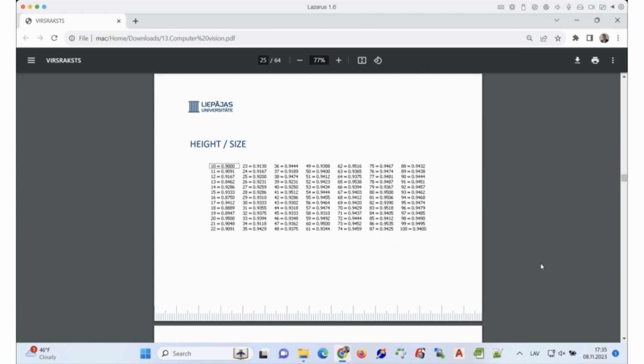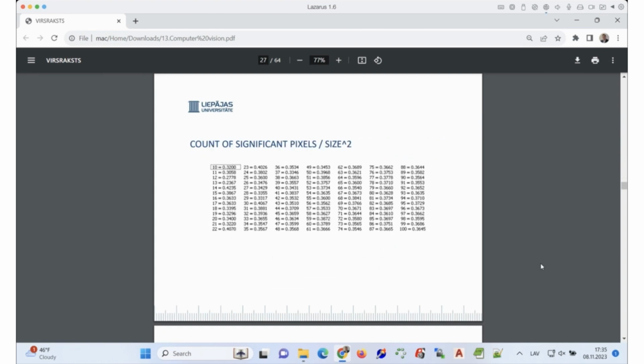I suppose you can say this. Next, width divided by the size. Again, approximately the same. The amount of pixels of the symbol divided by the square of the size. Again, you can see that the value is approximately the same. Similarly, the amount of pixels, which is not actually related to the story, but anyway, even this parameter will be plus minus the same.